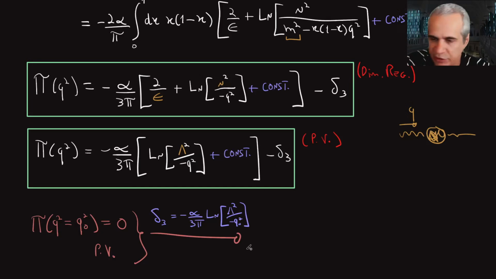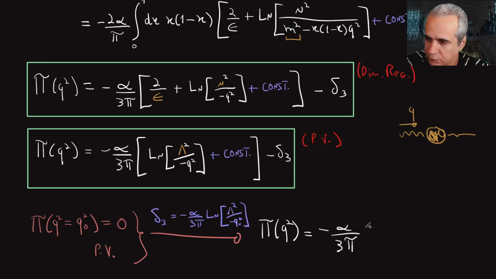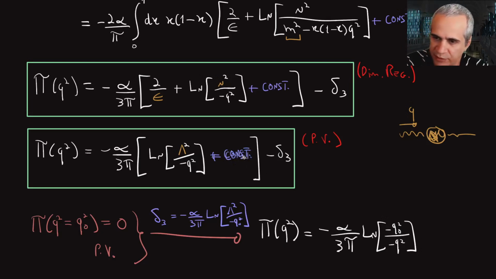Do the subtraction, and my pi of Q square becomes minus alpha over 3 pi log. I'll leave the signs here just so we don't lose track of them, but I have signs on both the numerator and the denominator in this case, right? Plus constants, of course. Cannot forget the constants.